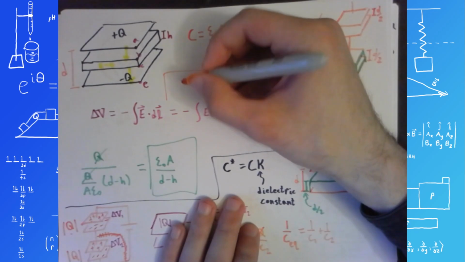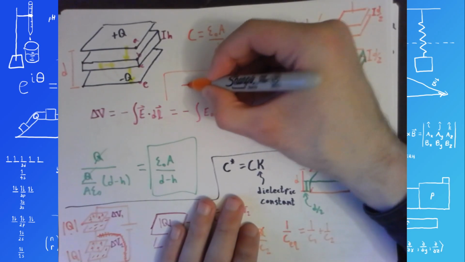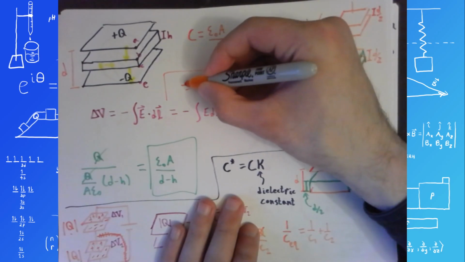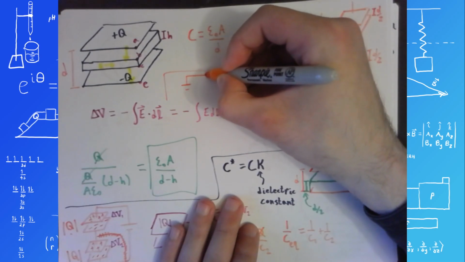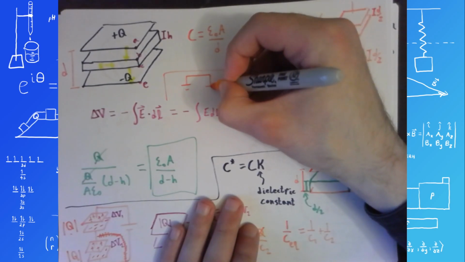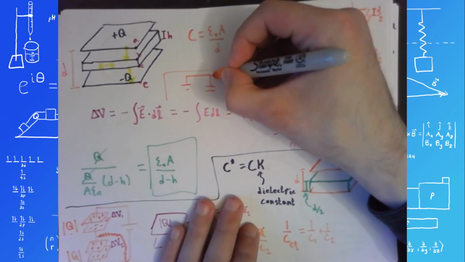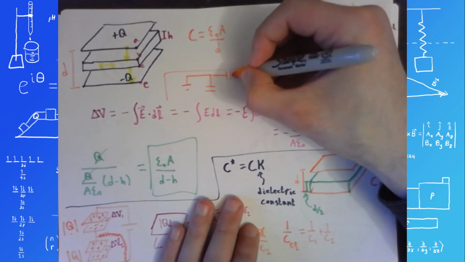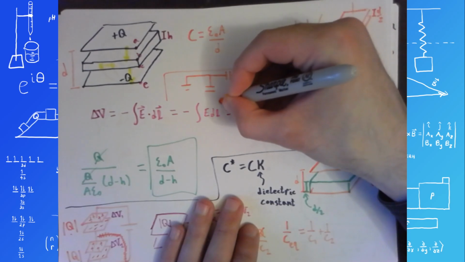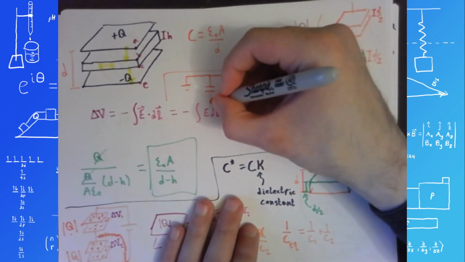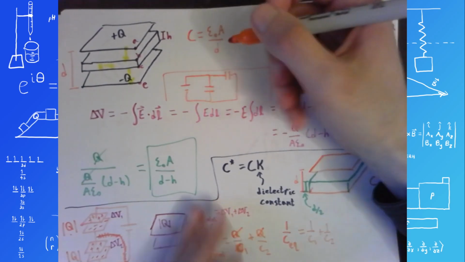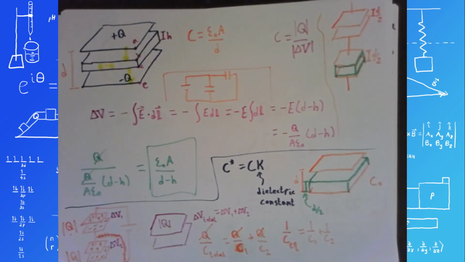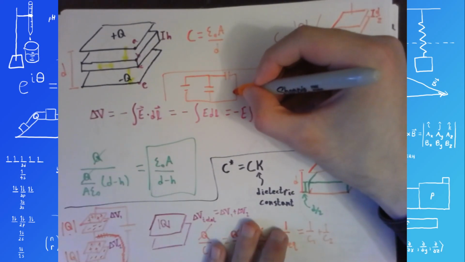Let's say we've got a battery here, and then I'll draw a branch over here with a capacitor, and a branch over here with a capacitor like that. Now, a lot of times when you have a circuit like this, the second capacitor would actually be drawn over here instead.